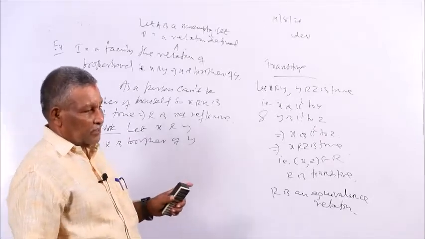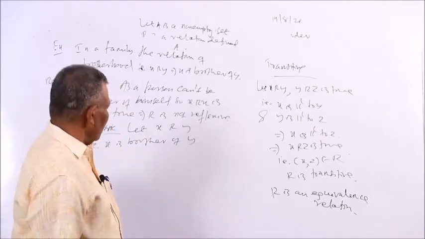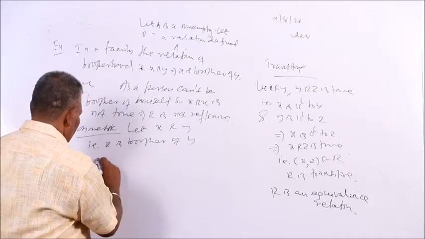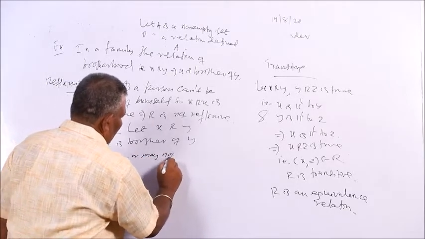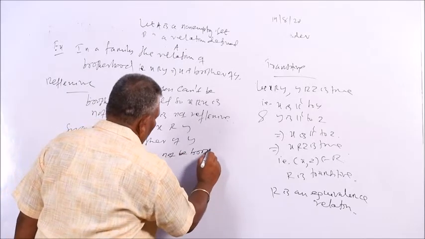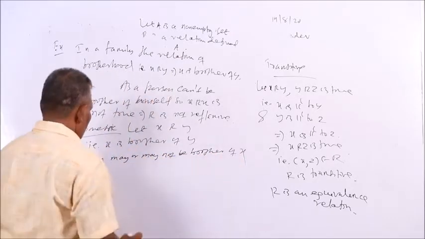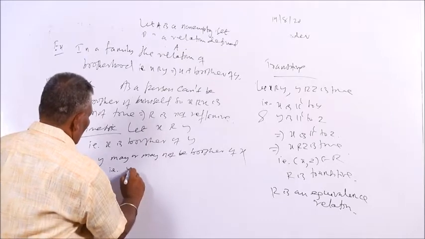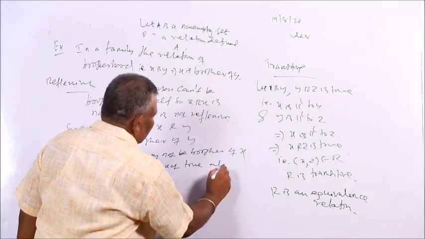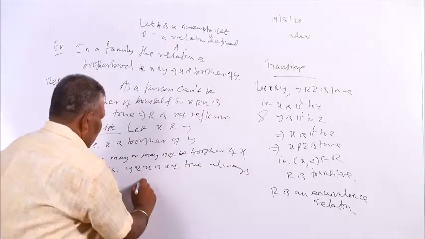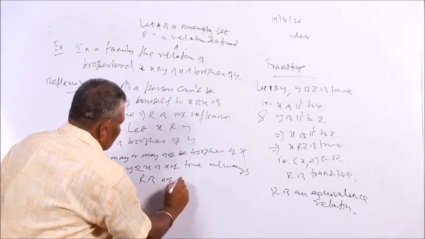If Rama is brother of Sita, then Sita may not be brother of Rama. So y R x is not always true. So R is not symmetric.